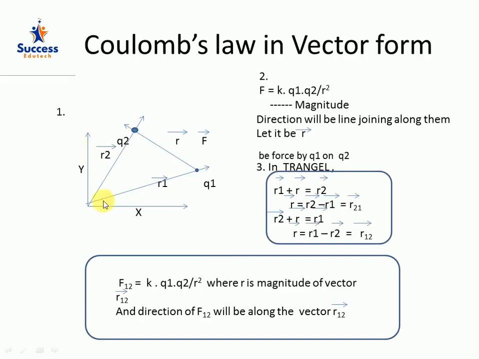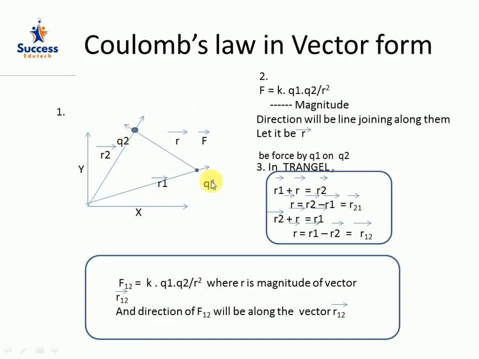Okay, now see, this is x-axis and this is y-axis. There are two point charges Q1 and Q2. R1 is a position vector for Q1 and R2 is a position vector for the point charge Q2.